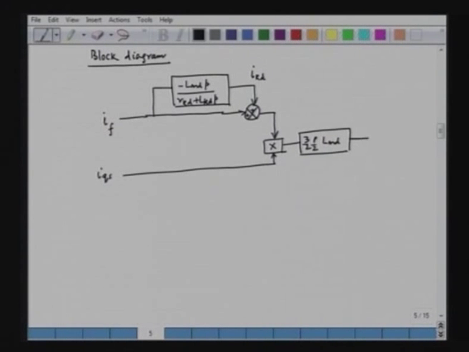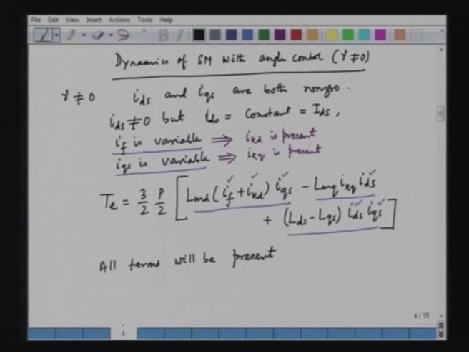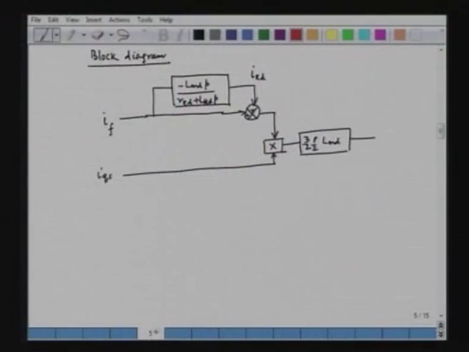So, this is the first component or the first term of the torque. We can see that the torque will have three distinct terms. This is the first term, second term, and the third term. So, the first term has been shown in this particular figure.